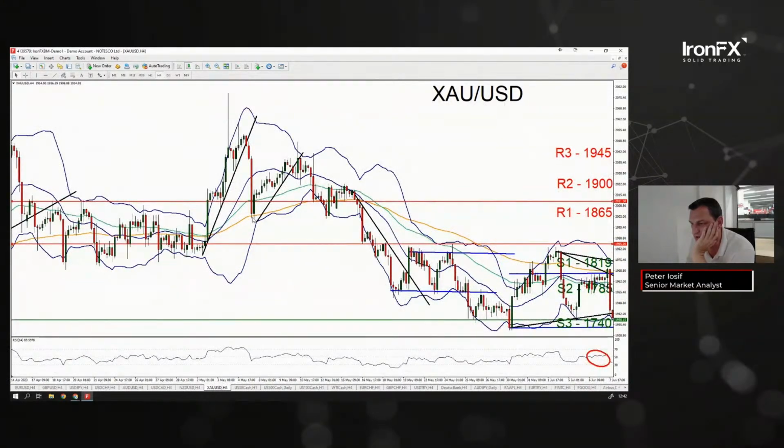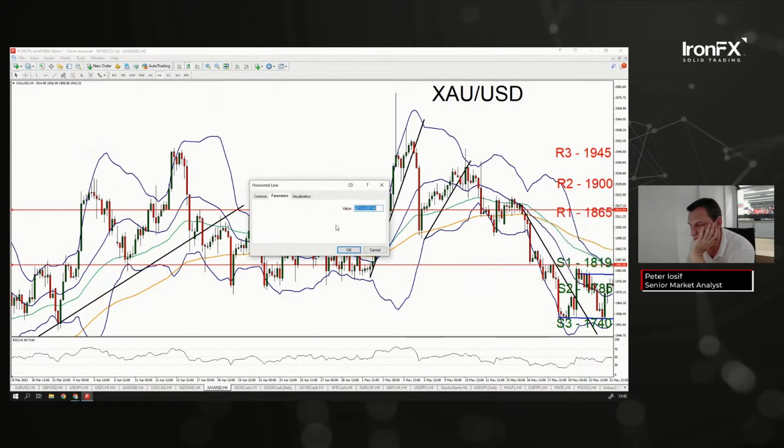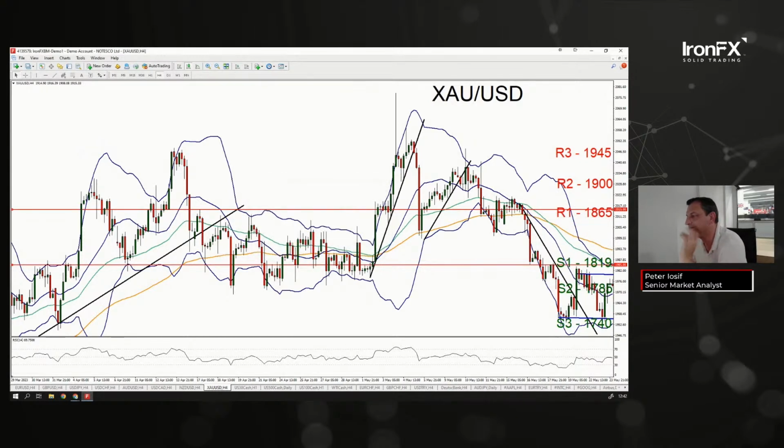I'm going to disregard practically this level, which was a former support line. I recognize that. But A, that's too narrow to the R2. Well, these levels are very interesting. 2015.